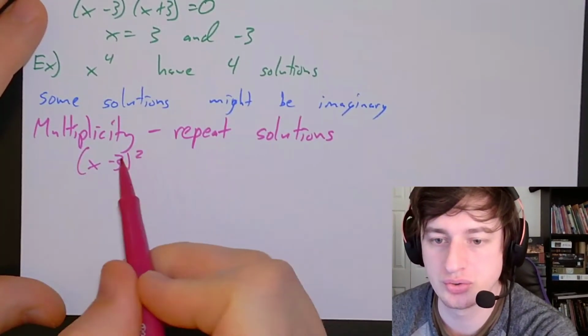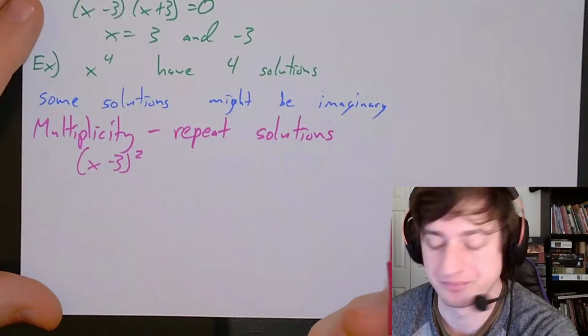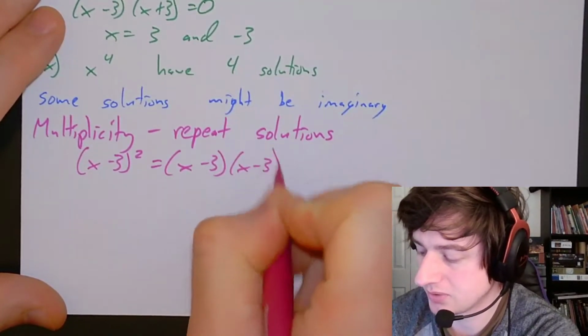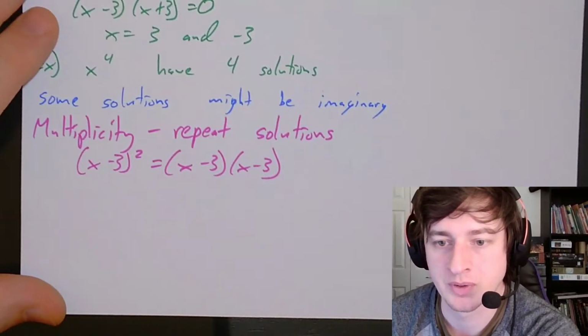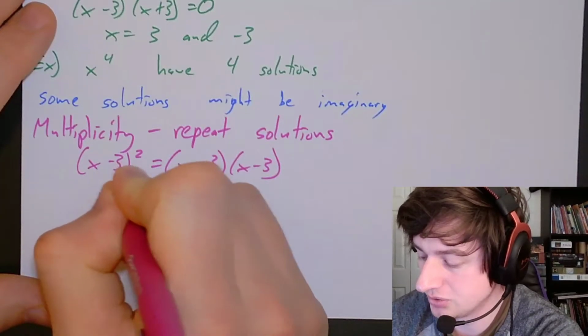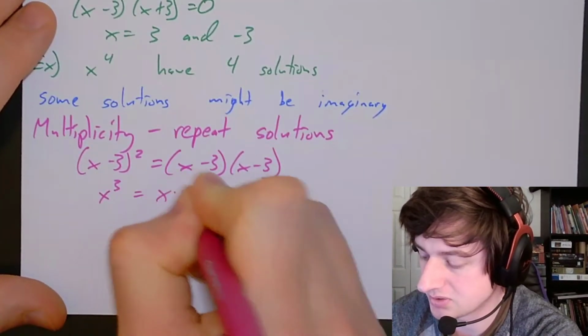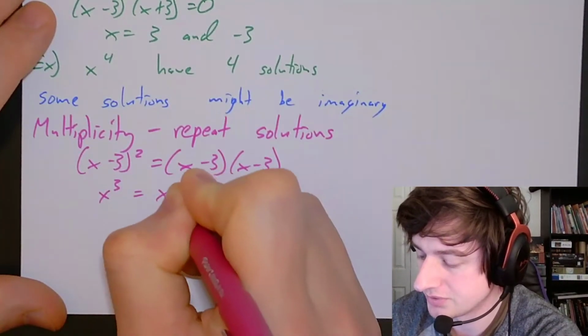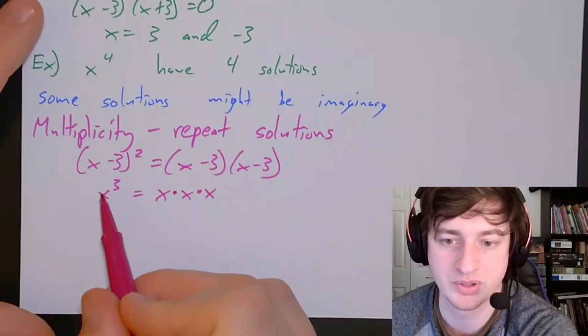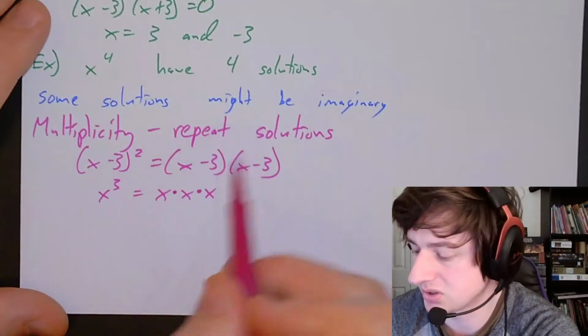We're going to get 2 copies of x minus 3. This would be the same as x minus 3 times x minus 3. Or we might get 3 copies of something. We might get an x cubed. This is x times x times x. We have a repeat of 0. Putting 0 in here turns this into 0. This is going to be a repeat of 3.